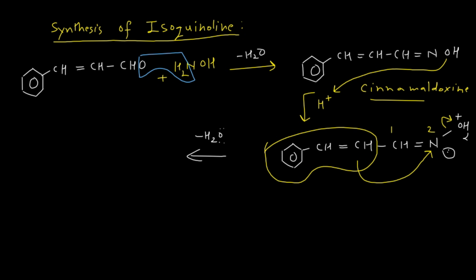So what you can do, you can write it as CH double bond nitrogen. Okay, now this will come here, which is connected with this CH, right, and double bond and another CH.